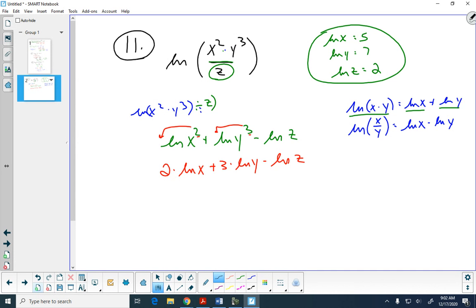Now the ln of x is just equal to 5. So we have 2 times the value of 5 plus 3 times the ln of y, which is given to us as a value of 7, minus the ln of z, which is a value of 2.